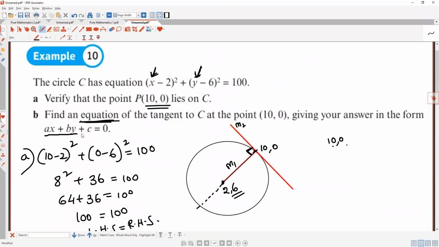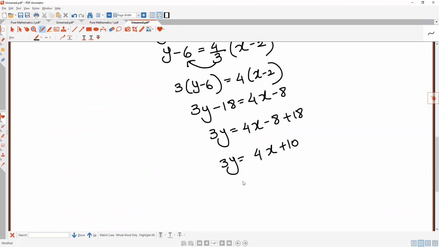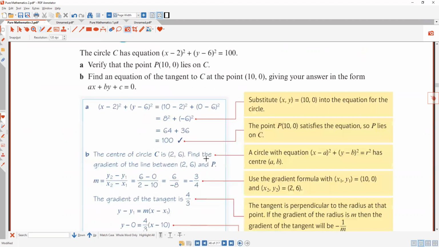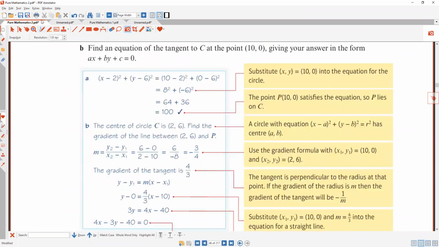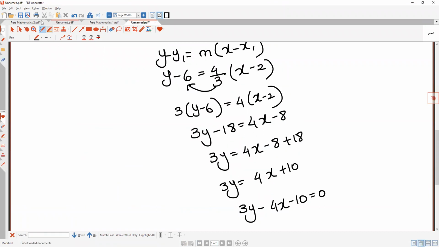They asked us to give the answer in the form ax plus by plus c. So it has to be 3y minus 4x minus 10 equals 0. Let's see if that's the answer or not. Yes, 4x minus 3y minus 40. There is some mistake, something with the 40.